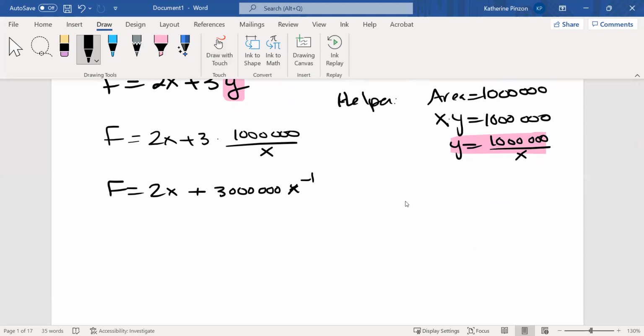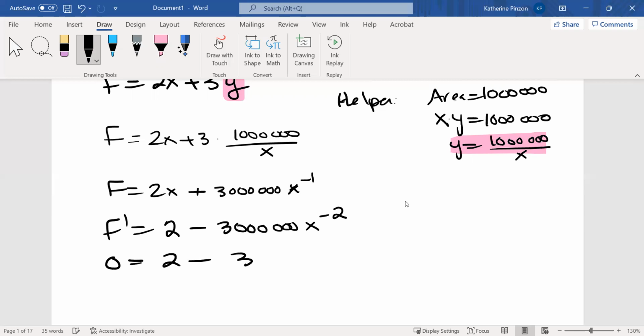To find the maximum, I take the derivative. I'm sorry, to find the minimum, I'm minimizing. I take the derivative, I set it equal to 0. So derivative of 2x is 2. Derivative of 3 million x to the negative 1 is negative 3 million x to the negative 2. I want to set this equal to 0. So 2 minus 3 million over x squared.